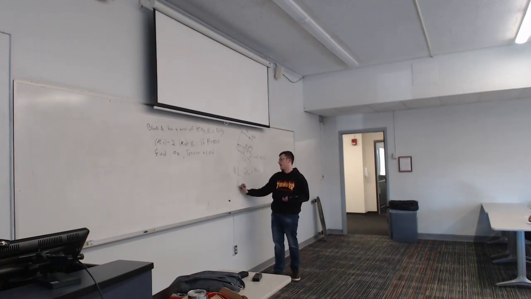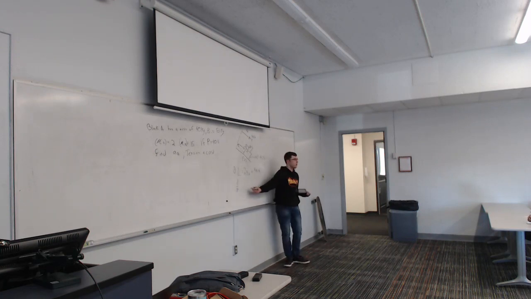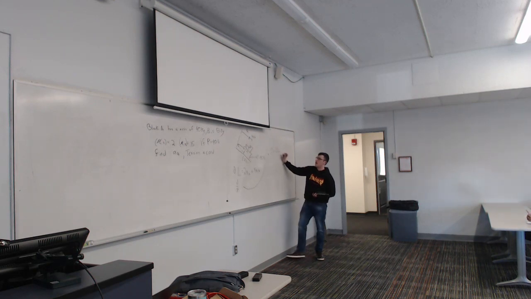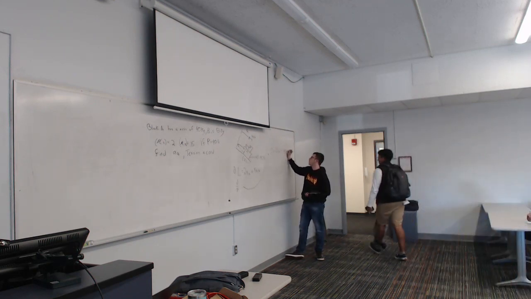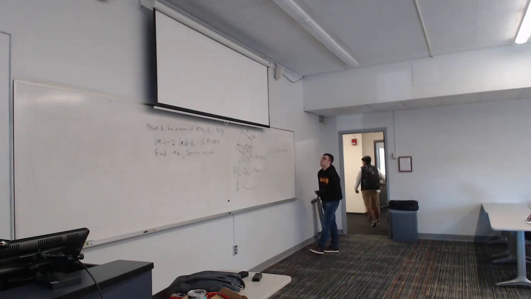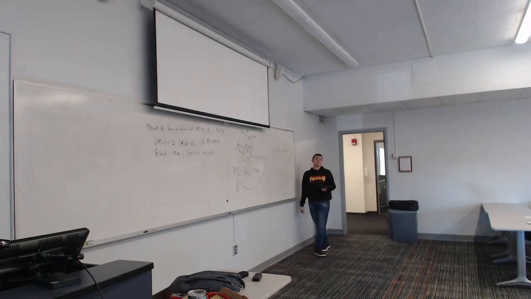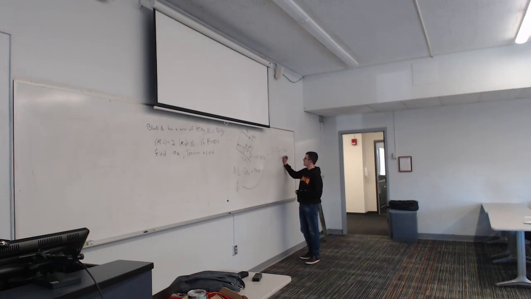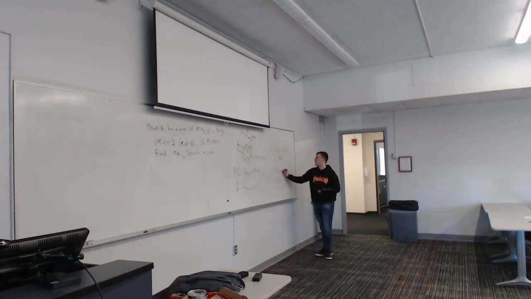I'm going to take the time derivative of this equation, and that's going to lead me to 0 equals 2 times the velocity of block A plus the velocity of B with respect to A. The question asks for the acceleration of B, so I'm going to take the time derivative again. Still, 0 equals 2 times the acceleration of block A plus the acceleration of block B with respect to block A.